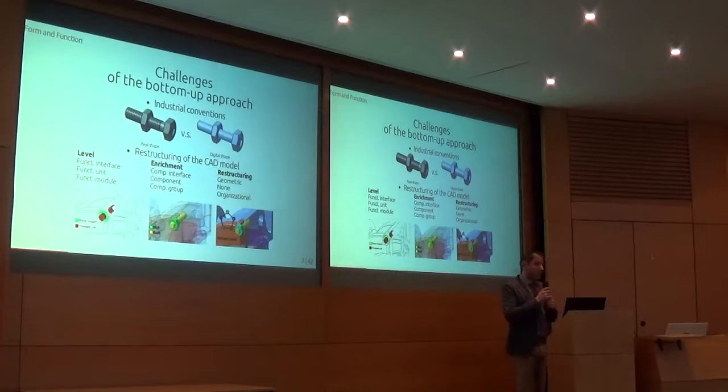So in this endeavor, certain challenges and obstacles have been met, the first of which is the difference between real and digital shape. This is a direct result of industrial representation conventions. In this example, we see a simple screw and nut, both bearing a threaded link. In the real shape, the threaded link is represented as a helical cut.